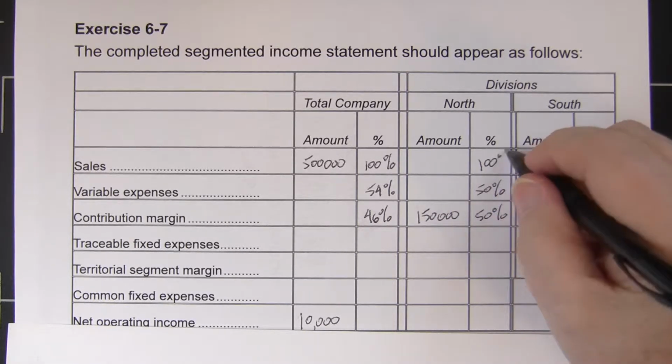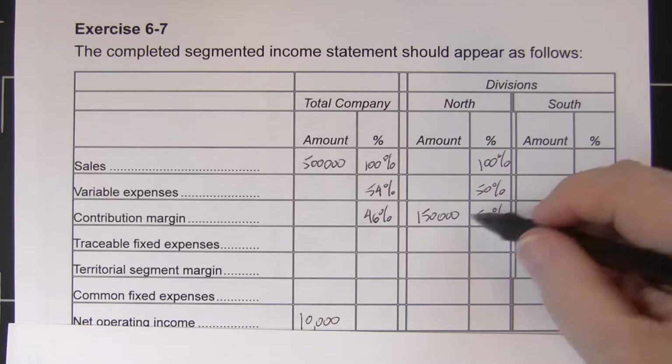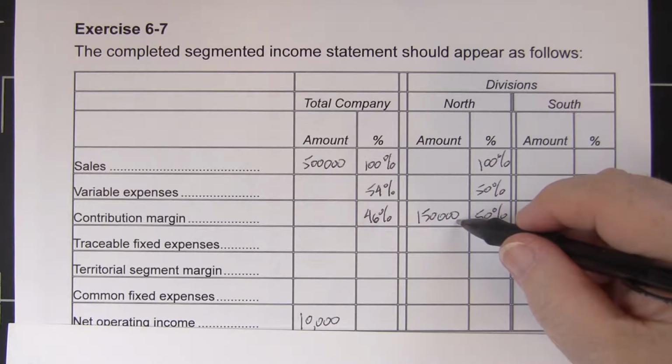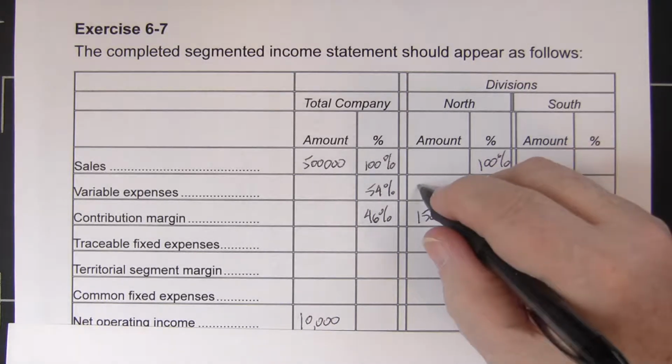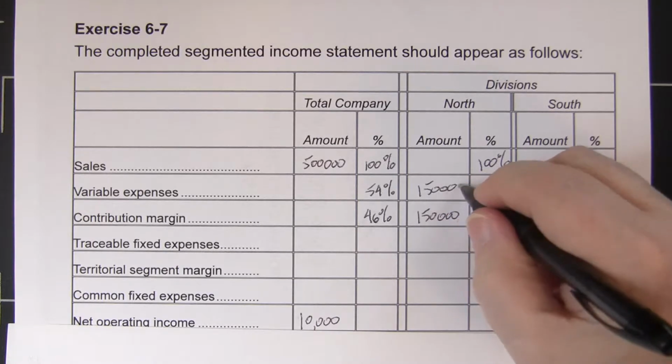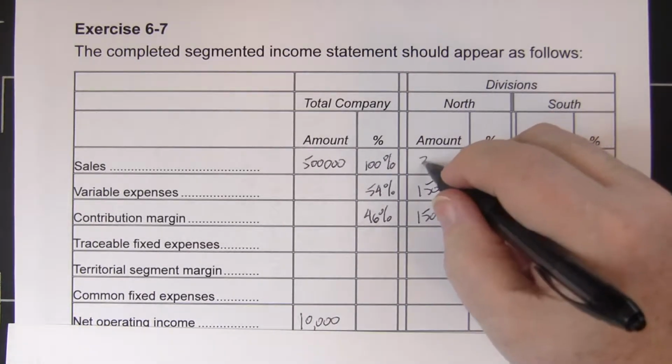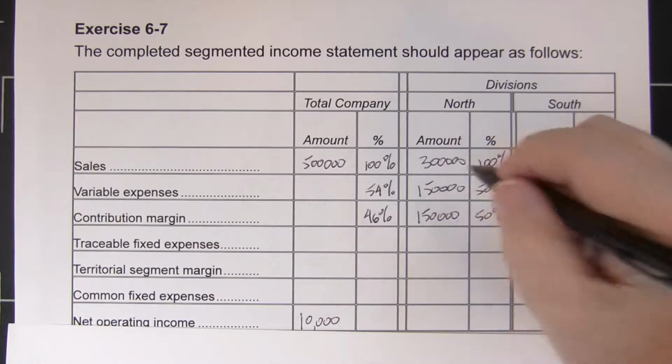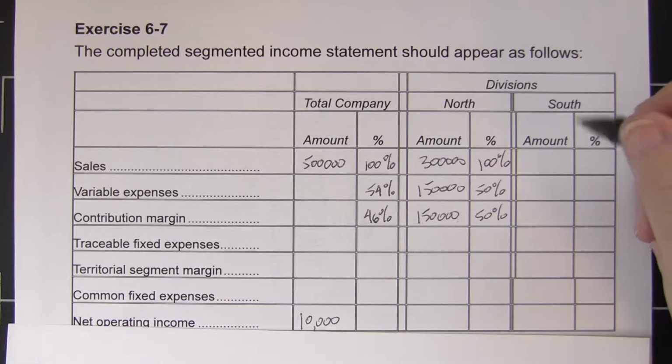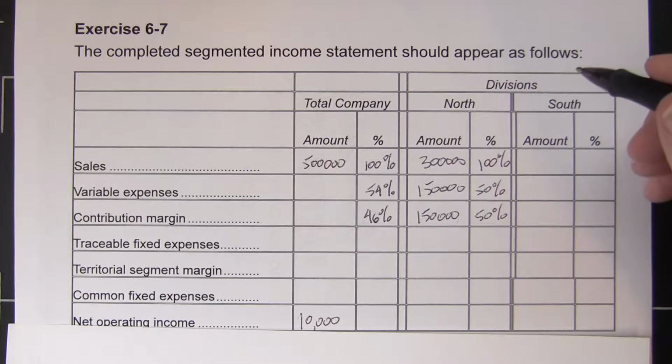That has to be 100% of sales. And if this is 50% contribution margin, this has to be the same amount. So the sales have to be $300,000.